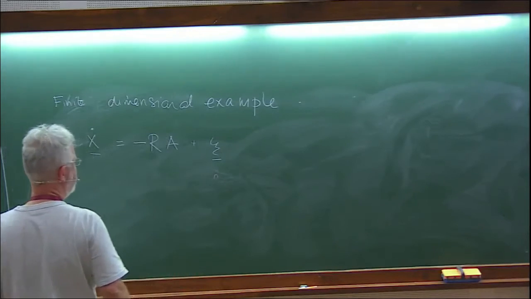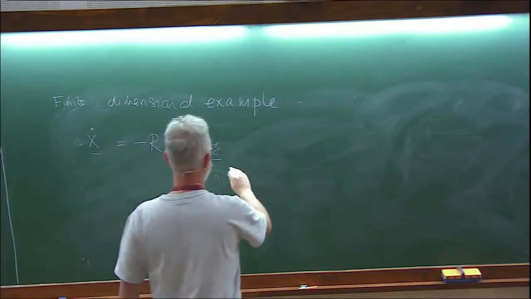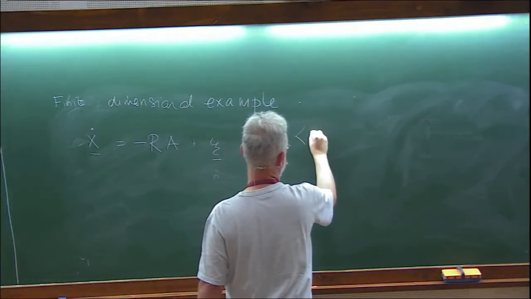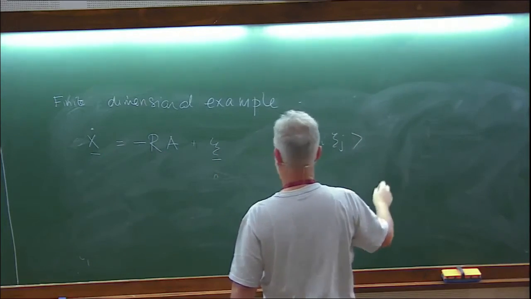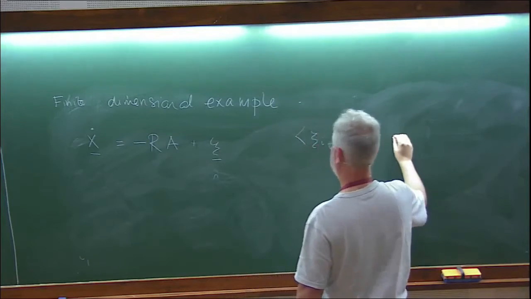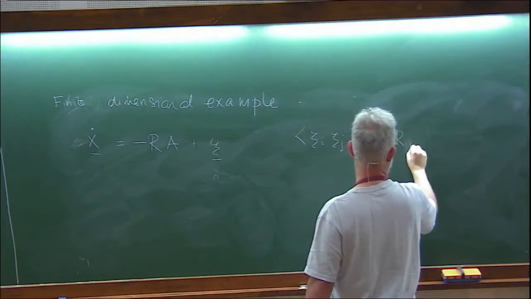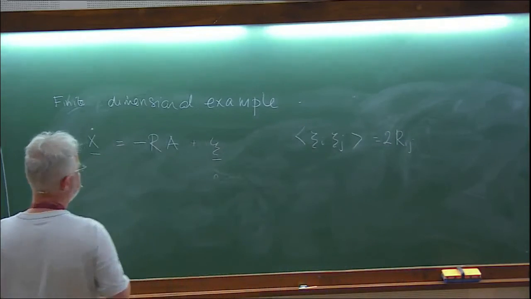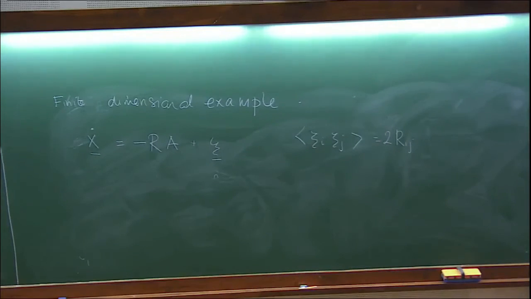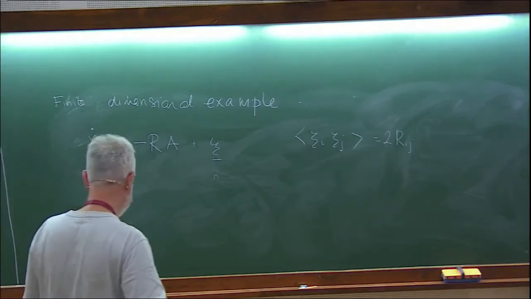Okay, and I'm going to take the components of this noise to be such that the average of zeta i zeta j is equal to R ij times 2. So this A is basically beta times some energy matrix, okay? So this is the system that I'm interested in.